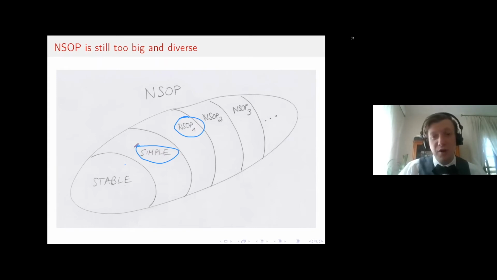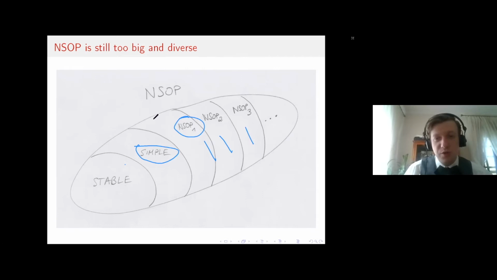Previously we wanted to avoid formulas which define order. Now we want to avoid formulas which define something more sophisticated, and it's called a tree. We want to avoid formulas with tree properties, and that's actually the NSOP hierarchy. So you want to avoid some kind of tree decomposition of your formula.